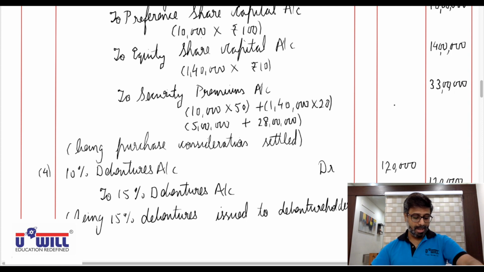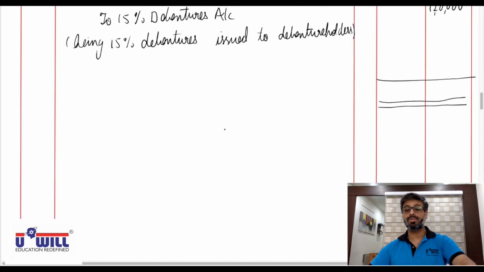So 1 crore 85 lakh 60,000 is the total of journal.